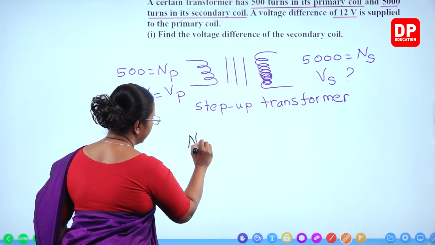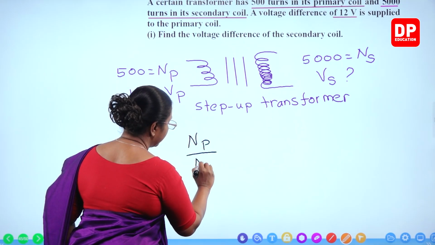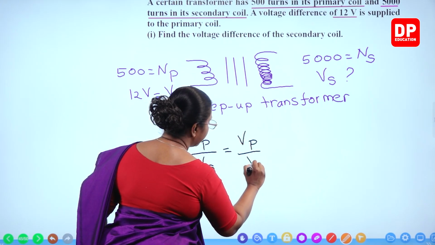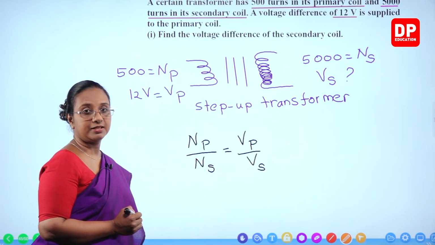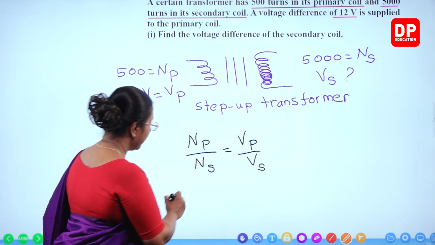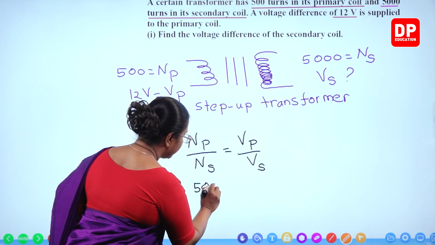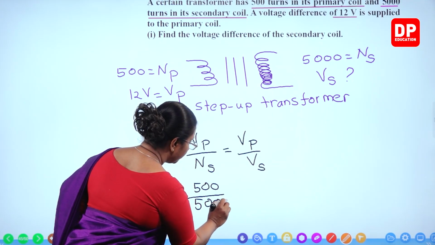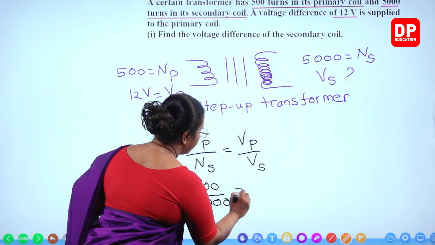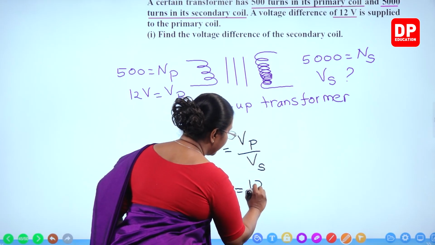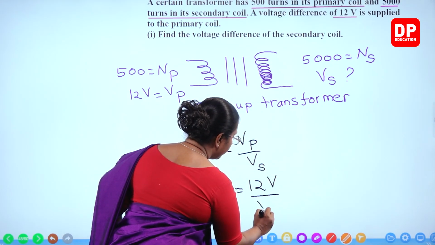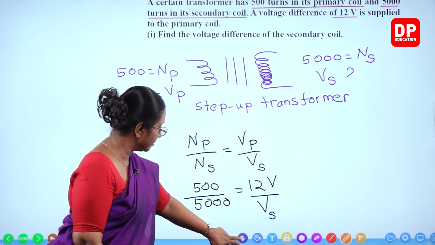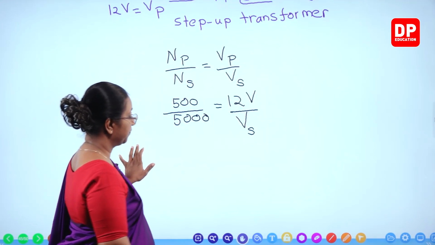We write N primary divided by N secondary equals V primary divided by V secondary. Primary has 500 turns, secondary has 5000 turns, potential to the primary 12 volts. We do not know the secondary voltage, so that is what we need to find out.